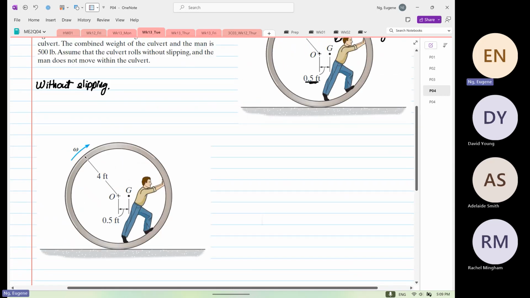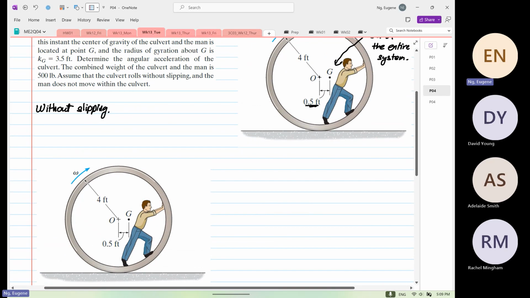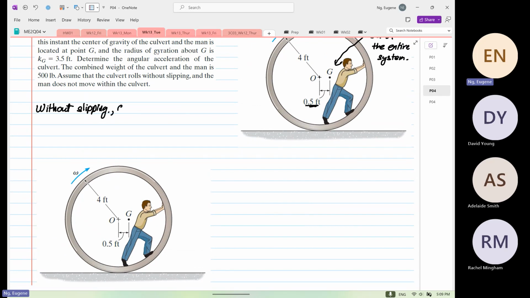So without slipping means we cannot use F is equal to mu N. We can't use this relationship, but the good news is acceleration can be equal to what?